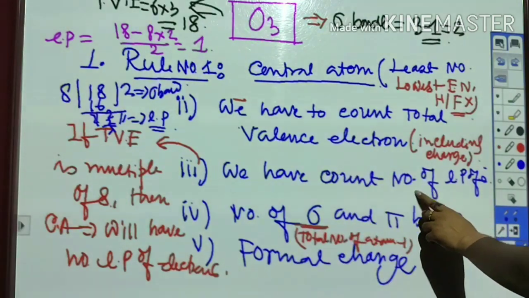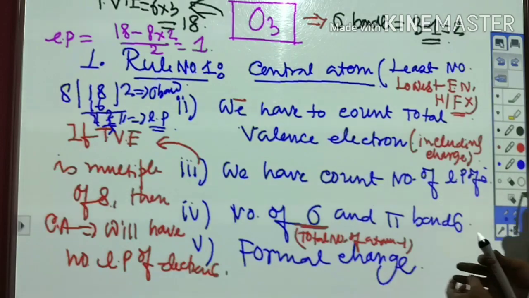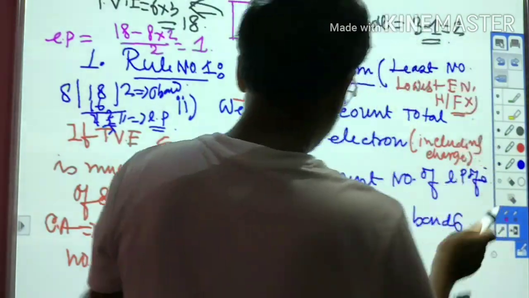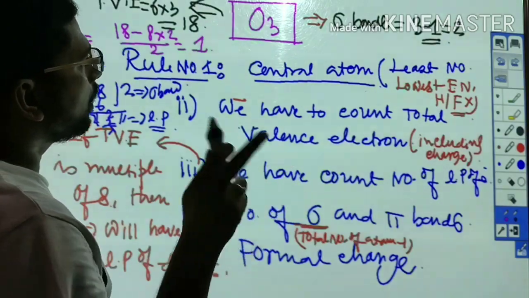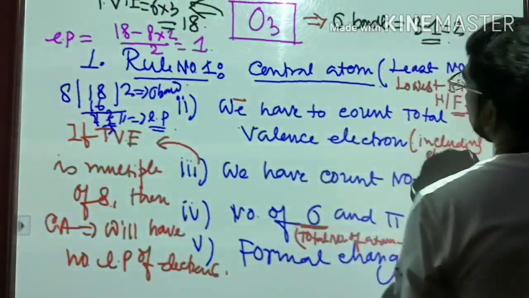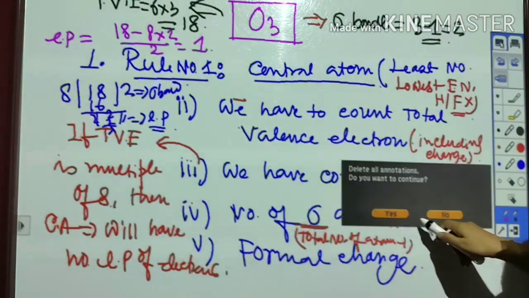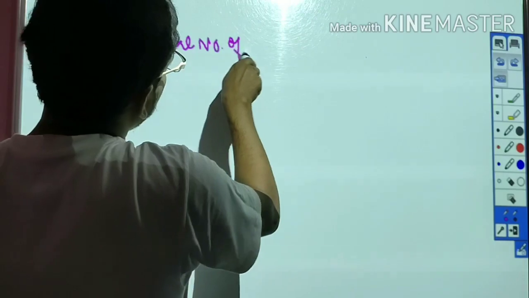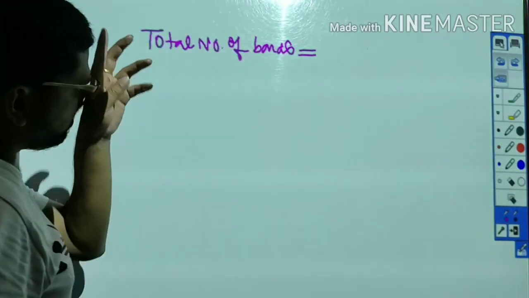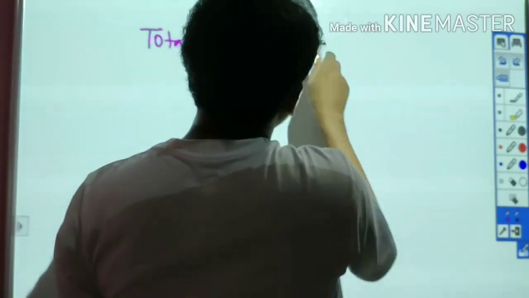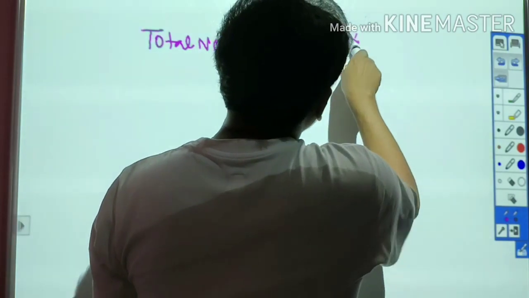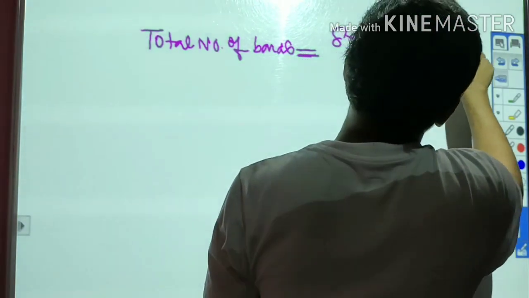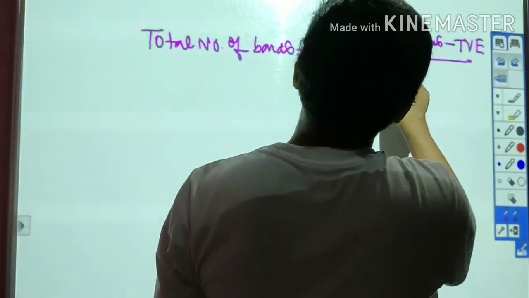Now what will be the number of pi bonds? In this case, we will use a special formula for total number of bonds. What will be the total number of bonds? Total number of bonds is equal to 8 into total number of atoms minus total valence electron, divided by 2.